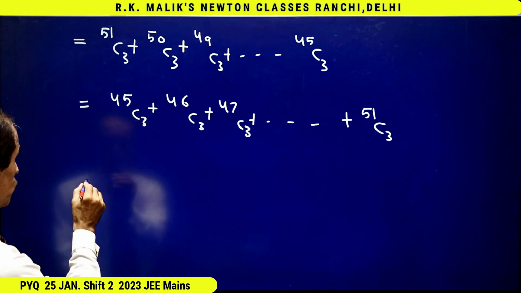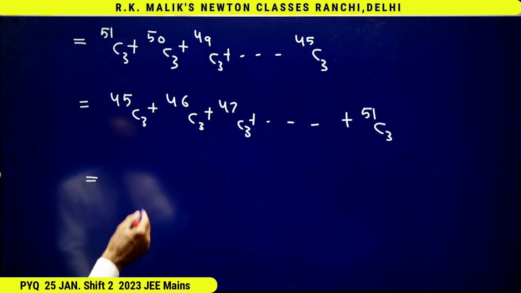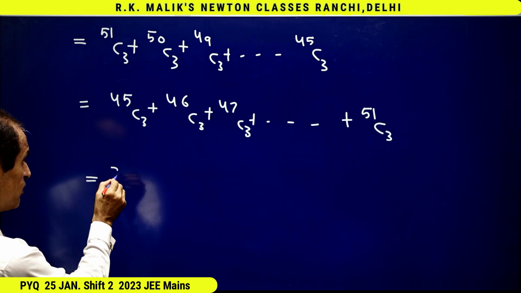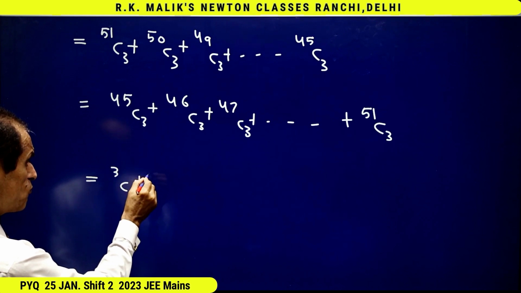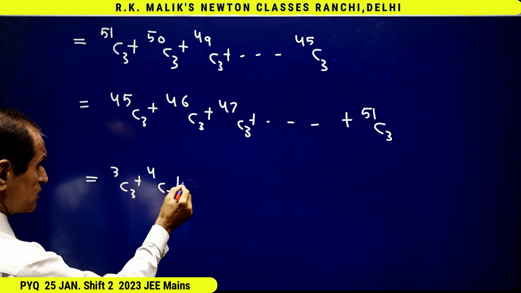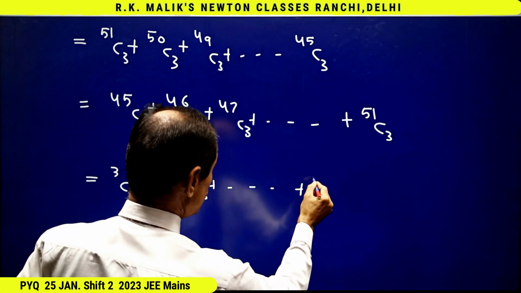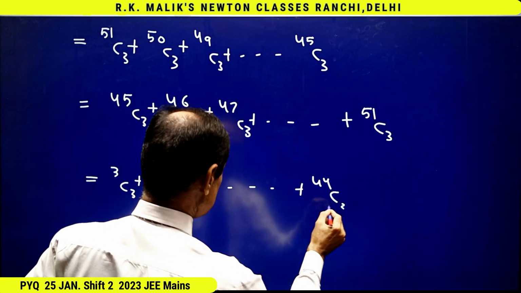And just now I told you that because base is 3, the starting point should have been 3C3 plus 4C3 plus 5C3 up to 44C3.